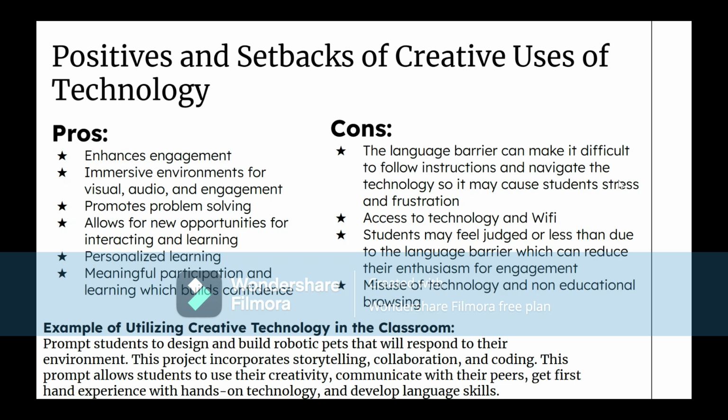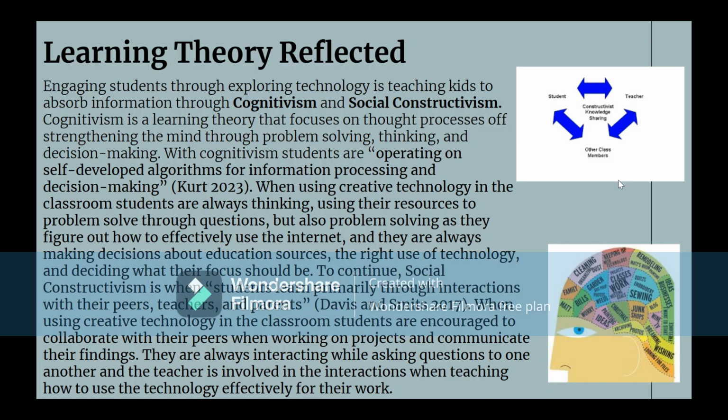So, learning theory reflected. Engaging students through exploring technology is teaching kids to absorb information through cognitivism and social constructivism. Cognitivism is a learning theory that focuses on thought processes of strengthening the mind through problem solving, thinking, and decision making.